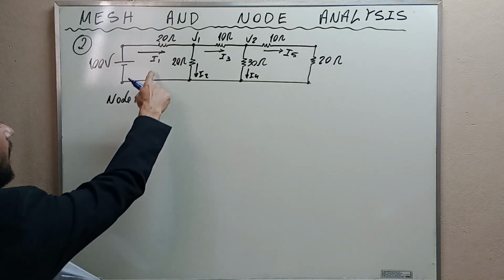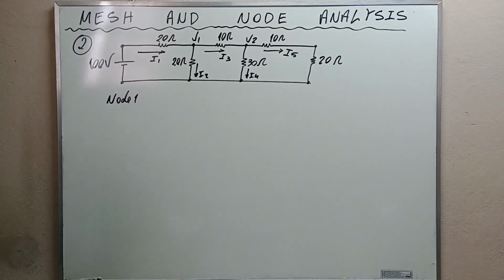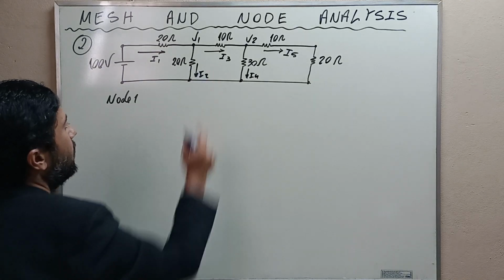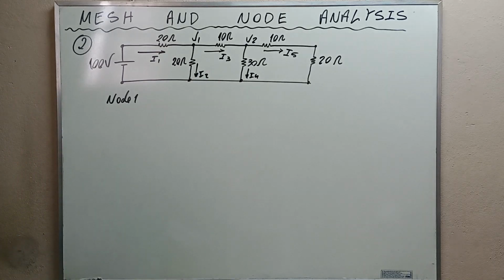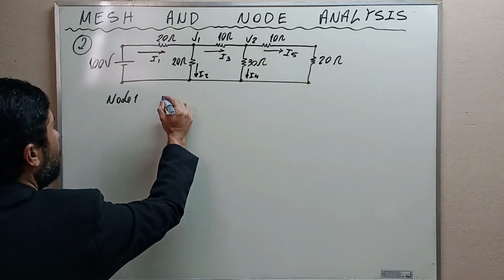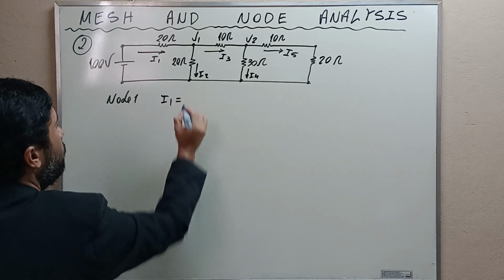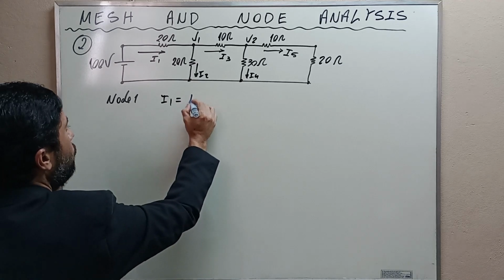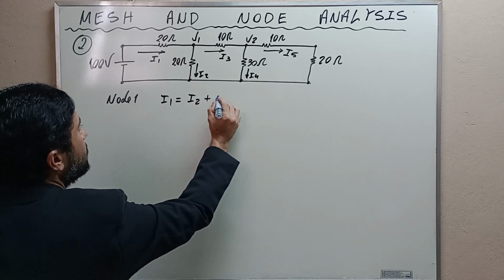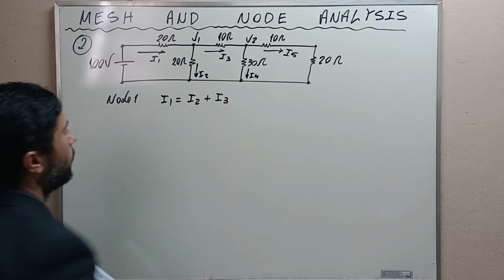It is I1. And what are the currents that leave the node? I2 and I3, alright? Consequently, I1 will be equal to I2 plus I3, okay?